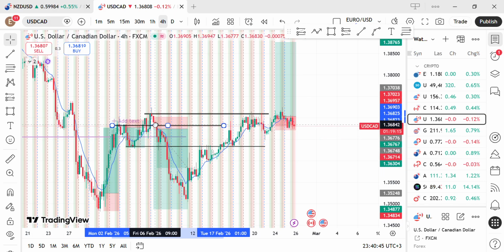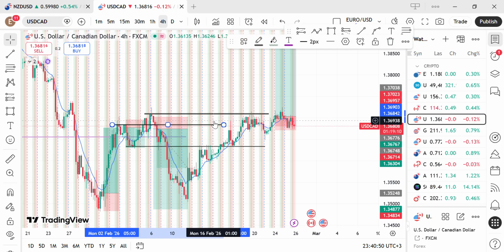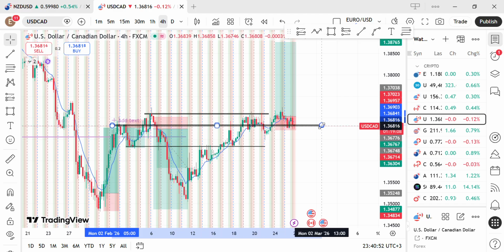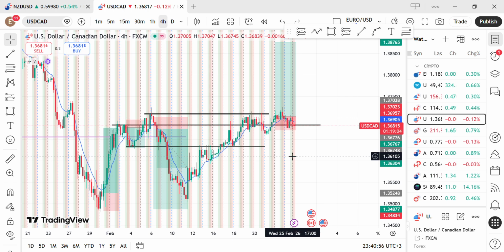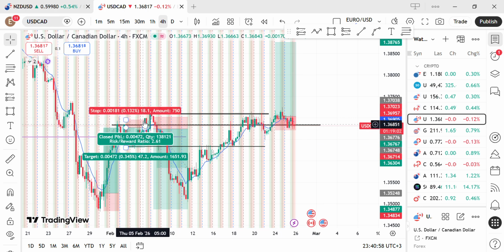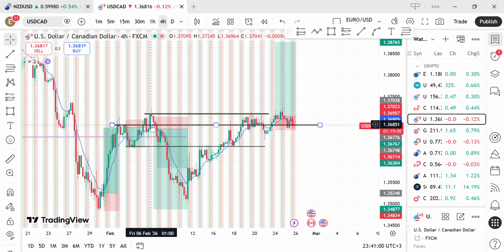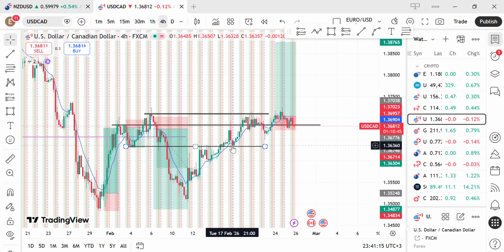So let me take this high, mark this high, then stretch this. So above this, the price came back bought, came back bought, came back bought. Now, so we are at an uptrend.